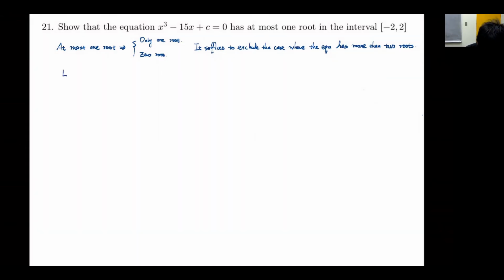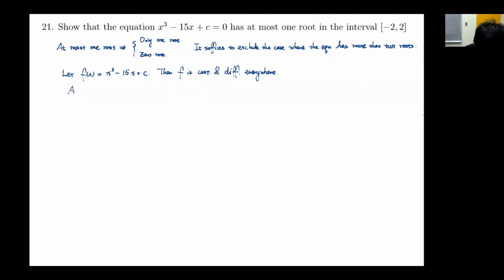We start by letting f of x be the left-hand side, so that will be x cubed minus 15x plus c. Then we know that f is continuous and differentiable everywhere because f is a polynomial function. So remember to write this sentence. You do not need to provide a justification, but writing this sentence will allow you to use Rolle's theorem afterwards.